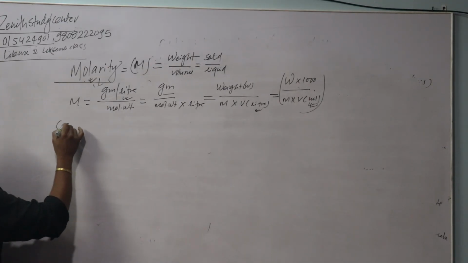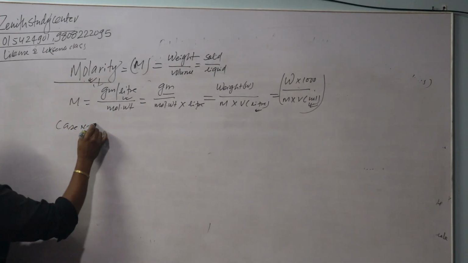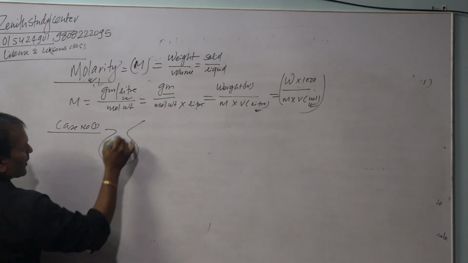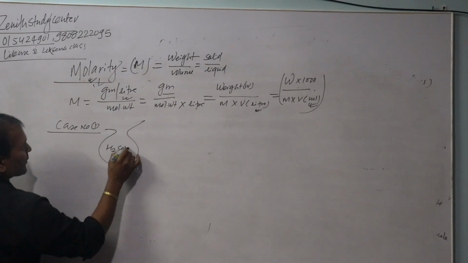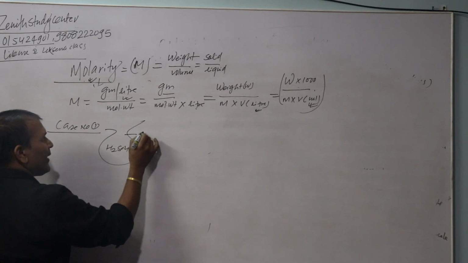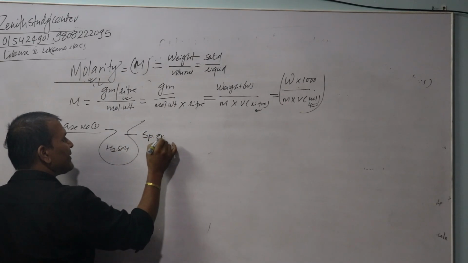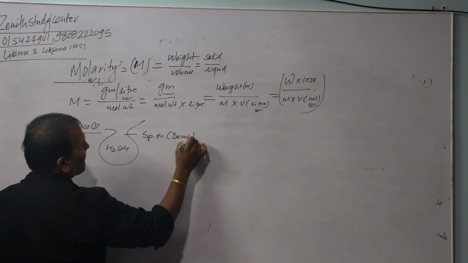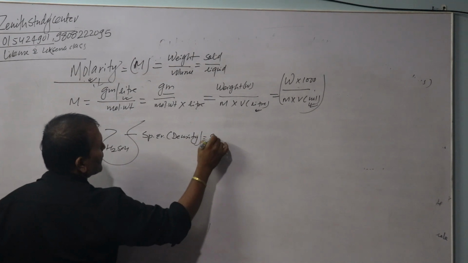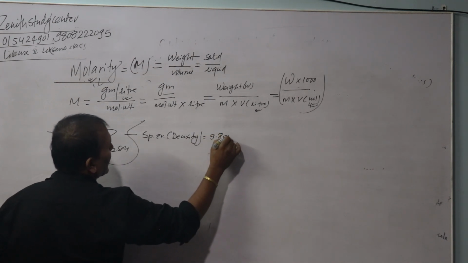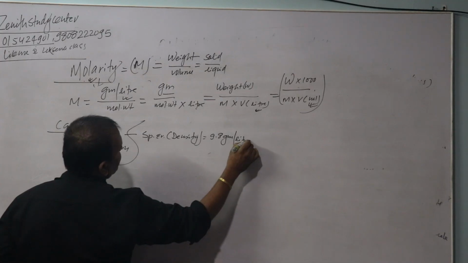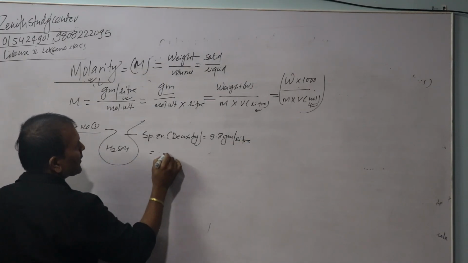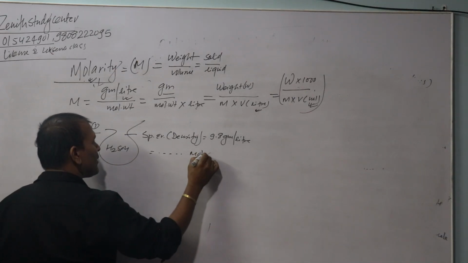Case number 1. If you have a bottle of H2SO4 with SPGR, specific gravity, it's a density, 9.8 gram per liter, then it is equivalent to how much molarity?